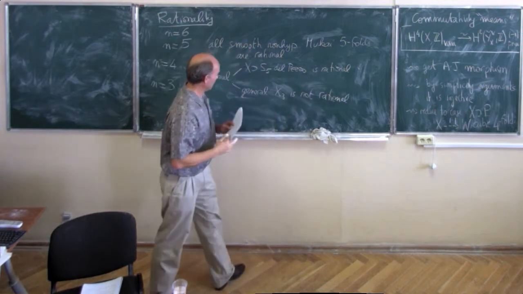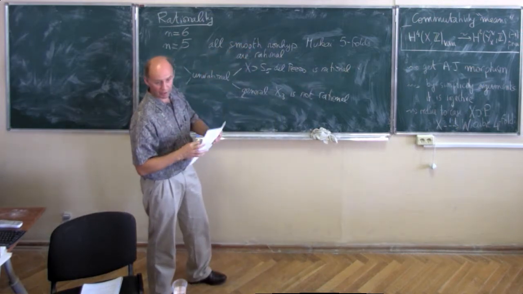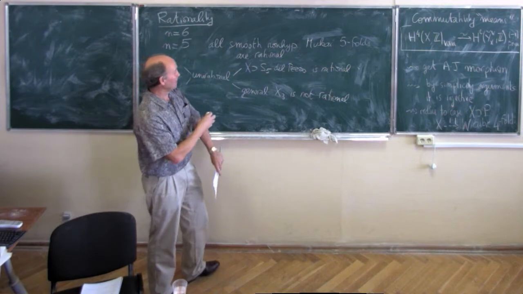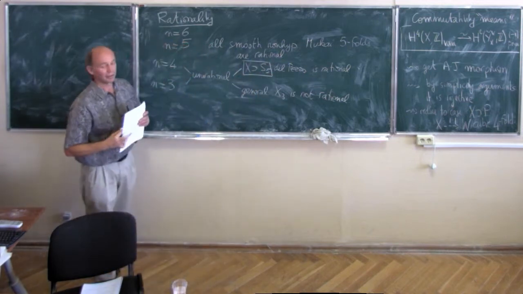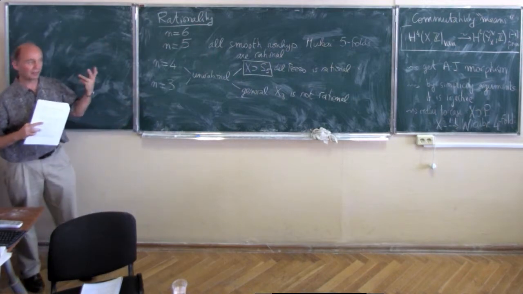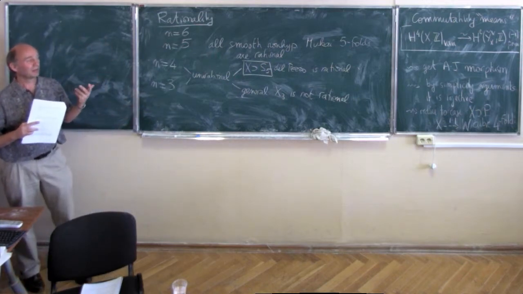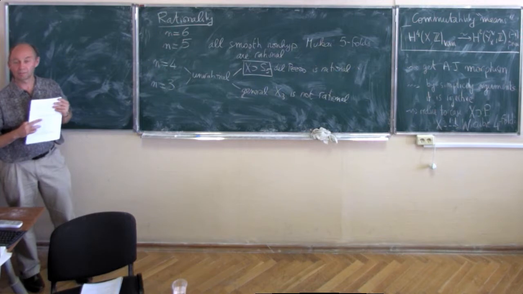This is by a projection argument, and this fact here can actually be read on the period point of X. This is what Hassett called special varieties in the case of cubic fourfolds.